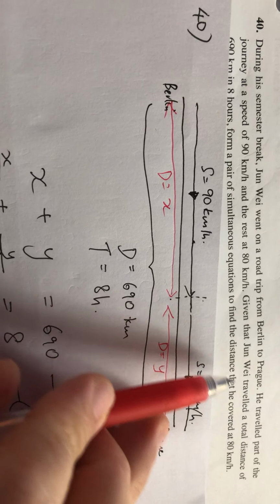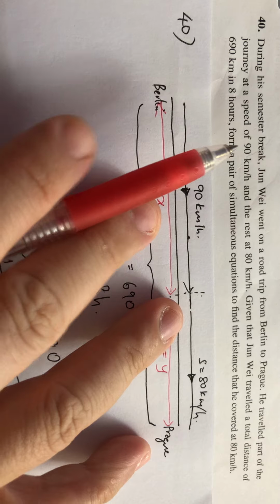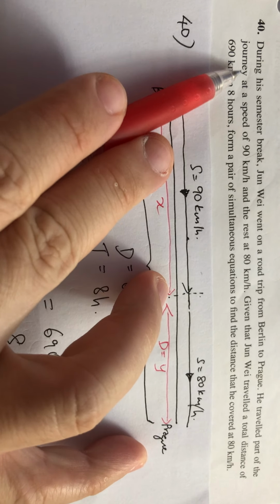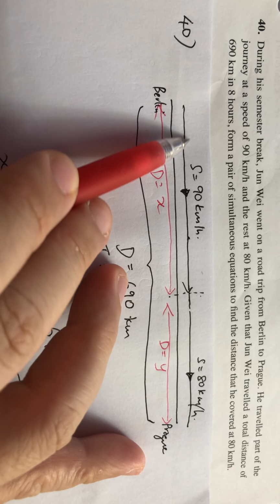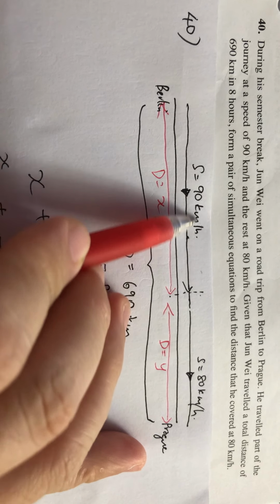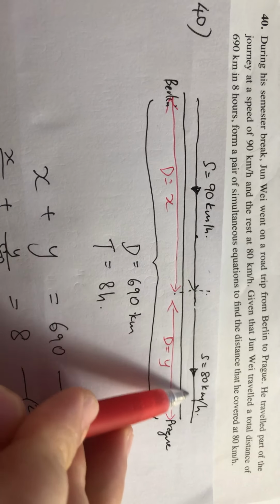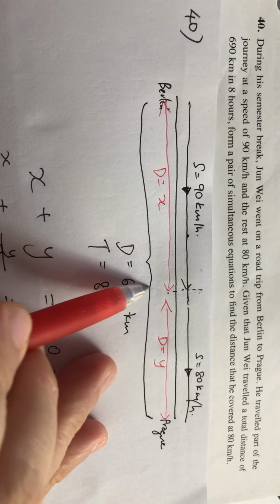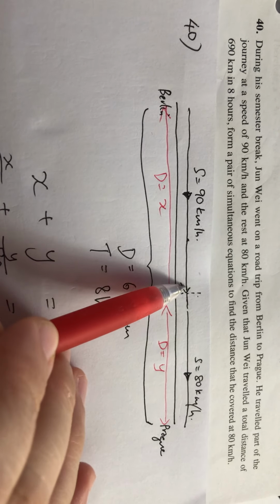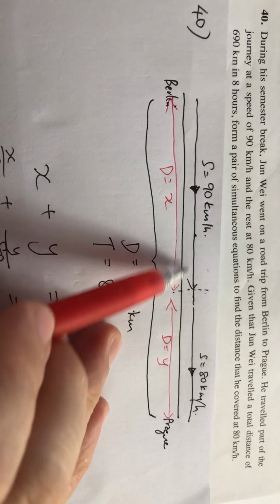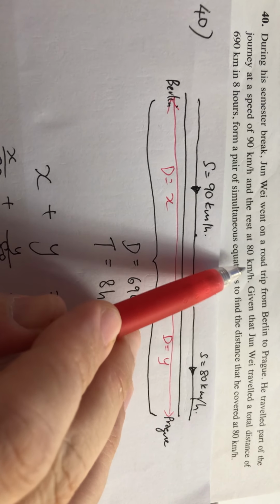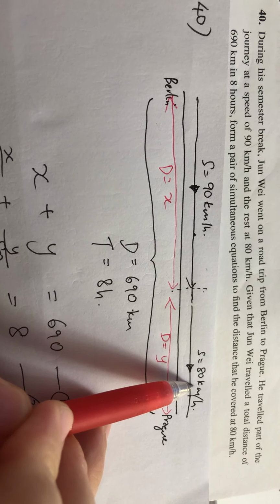He didn't travel at the same speed throughout the whole journey. He traveled part of the journey at a speed of 90 km per hour, and the rest at 80 km per hour. So there are two parts of the journey. First part he traveled faster at 90. Second part he traveled at a slower speed of 80.